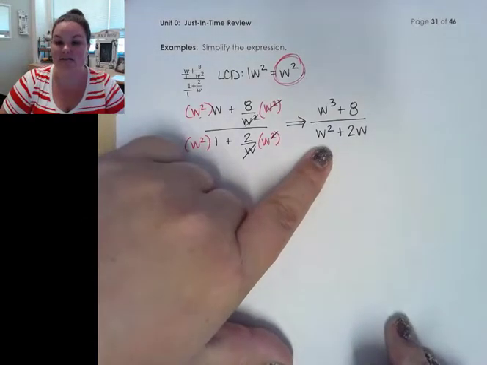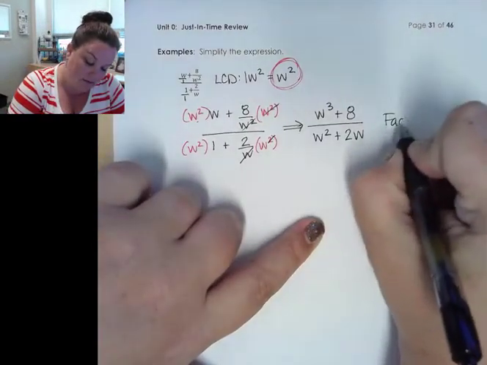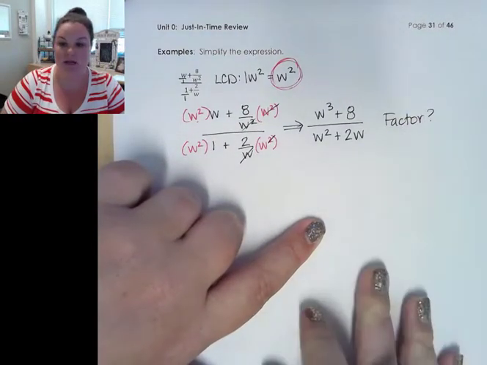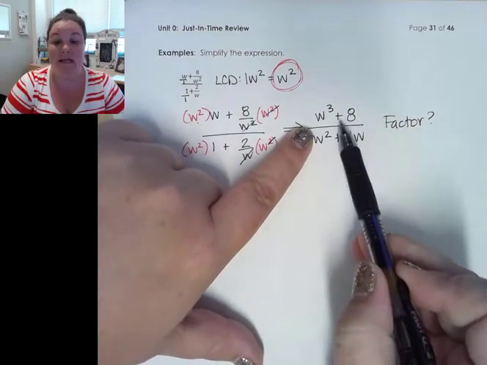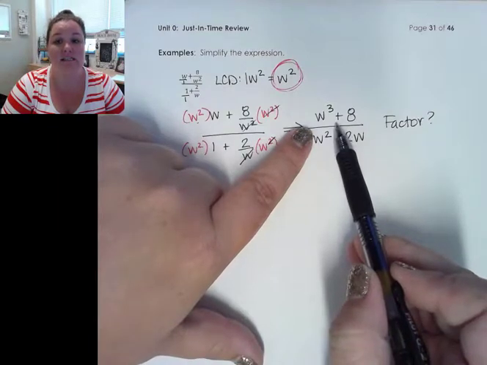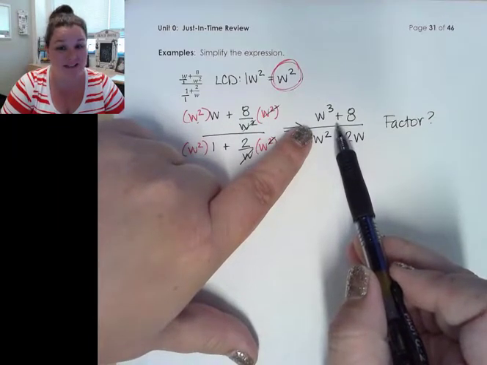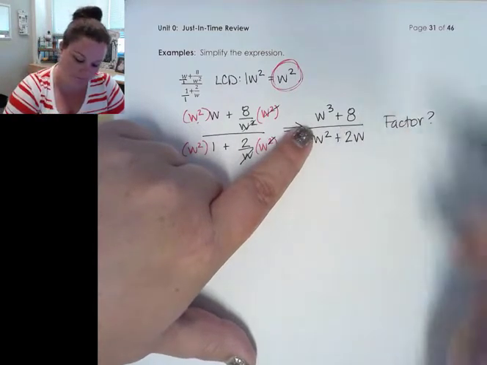Now all I need to see is if I can factor and reduce, okay? I'm just going to say factor. Okay, so looking at the top, I have 2 terms. Now a sum of squares I can't factor. Luckily, this is not a sum of squares. This is a sum of cubes, right?